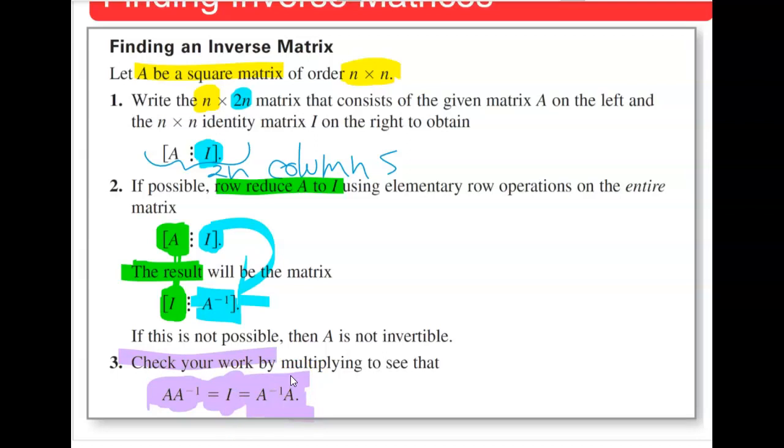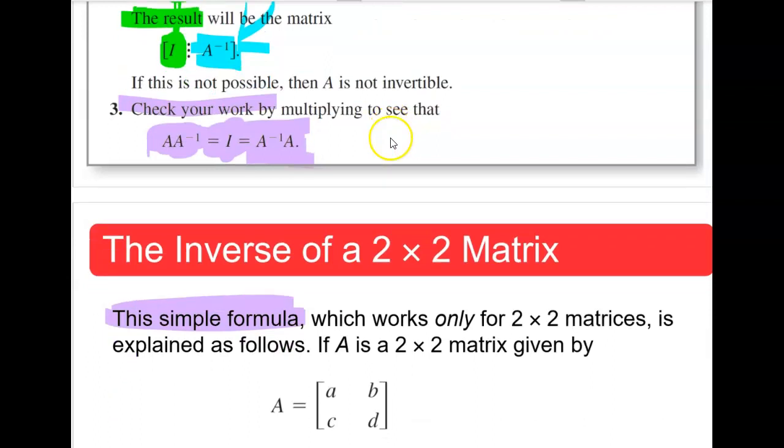If you have a graphing calculator, you can do that with your calculator. I will be recording a video showing you how to find the inverse with the calculator, how to do the Gauss-Jordan elimination, so that you can check your answers on the exam, but you will still need to do some steps in between.